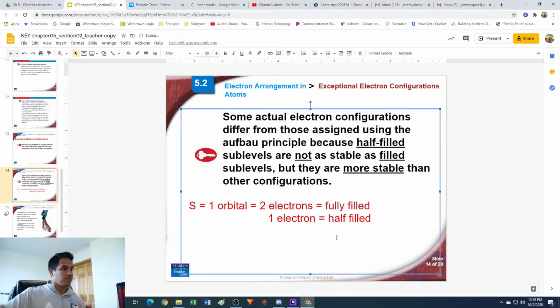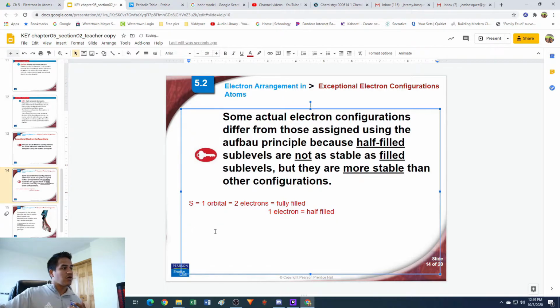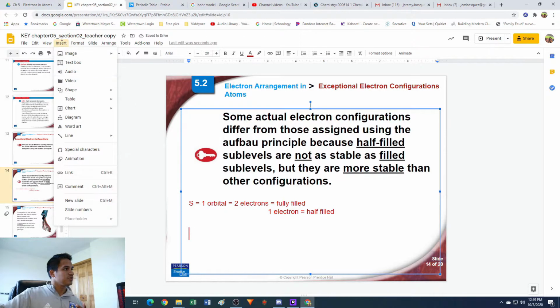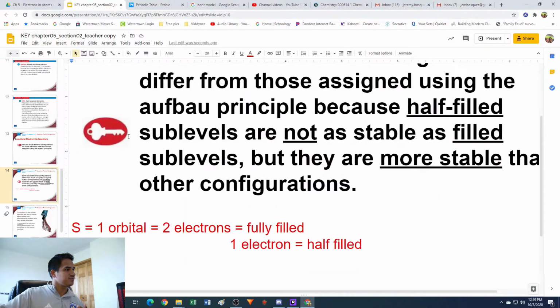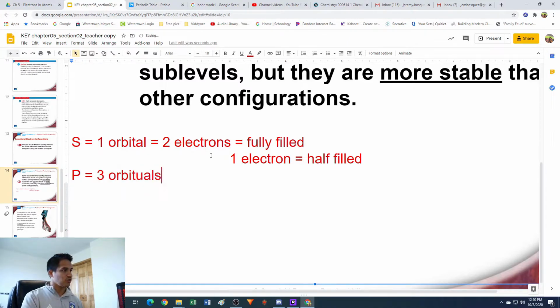Let's make this smaller too. I'm also going to zoom in. Sorry, I apologize. I'm just going to make sure that we can see all this. That also means that other orbitals will do this. So let's think of p. There are 3 p orbitals. Remember that each one can hold 2 electrons. So in total, 6 electrons can be held in the p orbitals because there are 3 of them and each one holds 2.